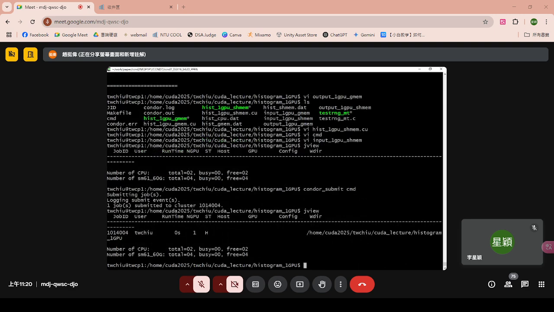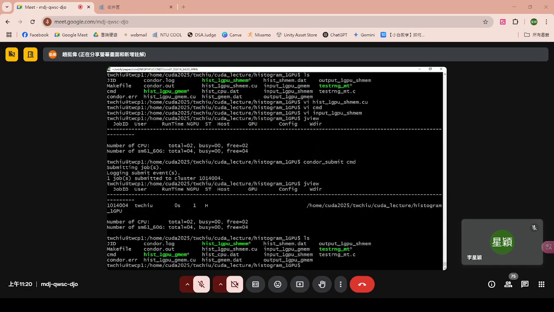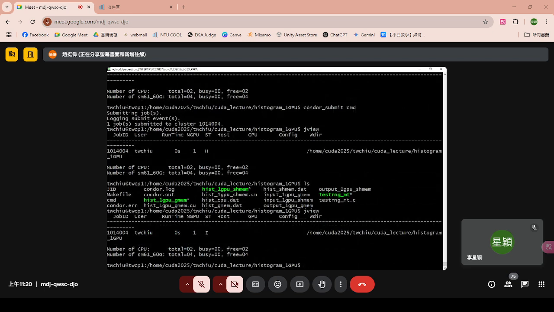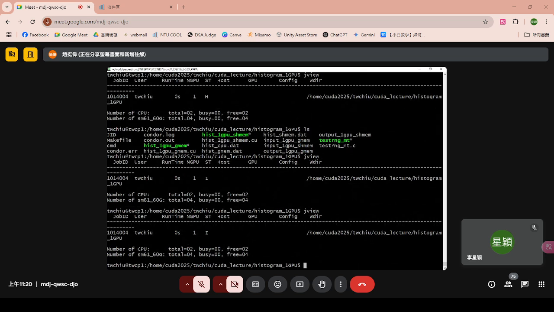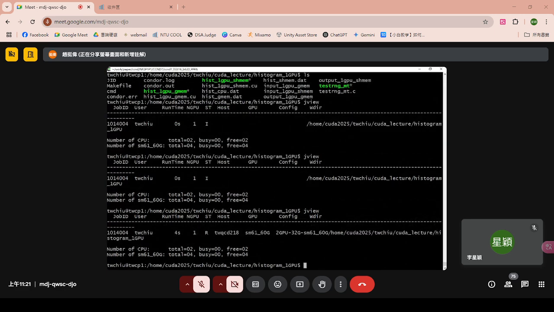It's initialized, and then you will run, and since it's very fast, it takes less than 1 second, I think.